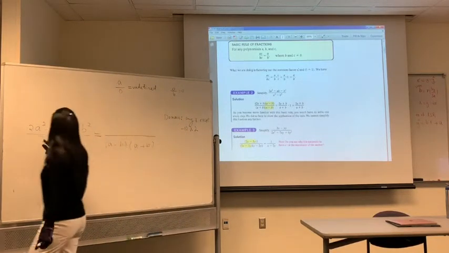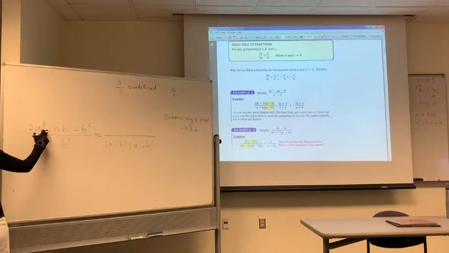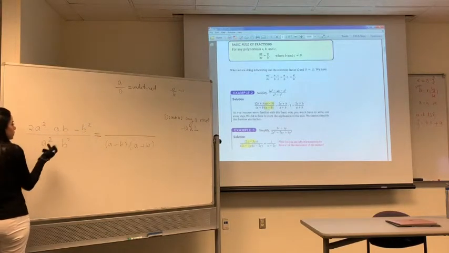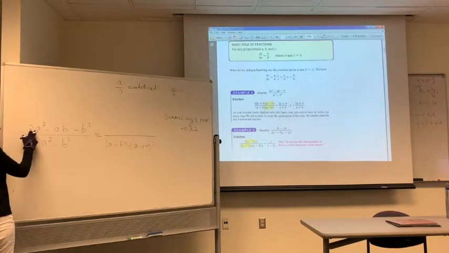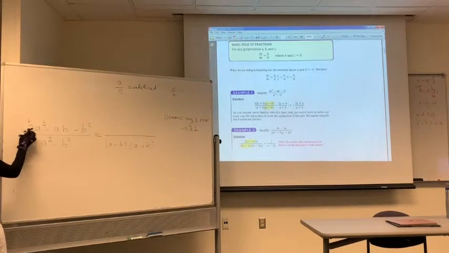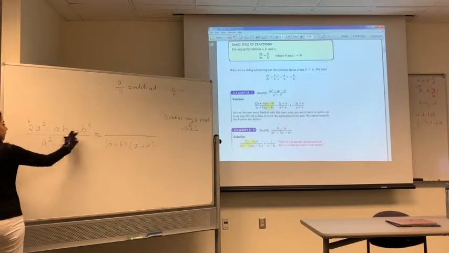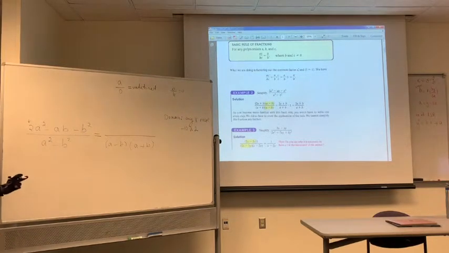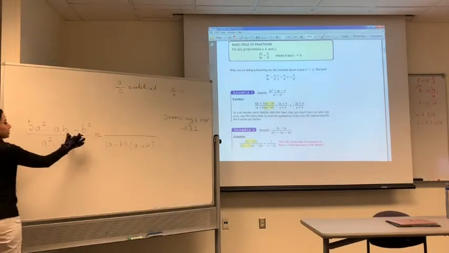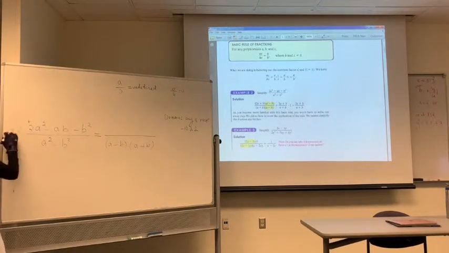And then we have 2a squared minus ab minus b squared. First of all, we see that there is a coefficient for the first square here. And we cannot find any common factor out of all these terms. These two have a common factor, these two have a common factor, but all of them, no. So now look at the coefficient.